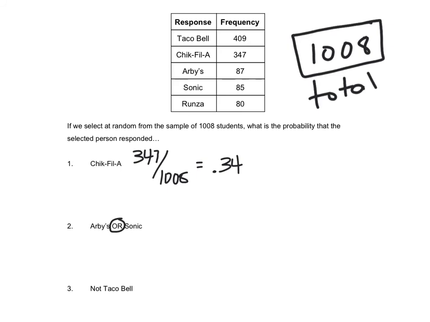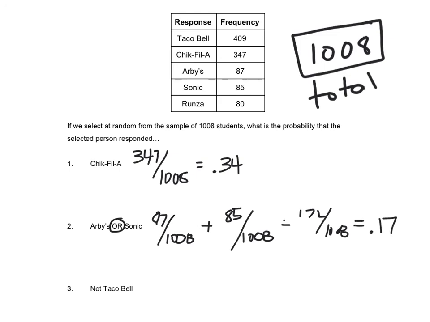The probability of Arby's was 87 out of 1,008, and we add that to Sonic, which is 85 out of 1,008. Adding those two together, I get 172 out of 1,008, which is 0.17, or about 17%, chose Arby's or Sonic.